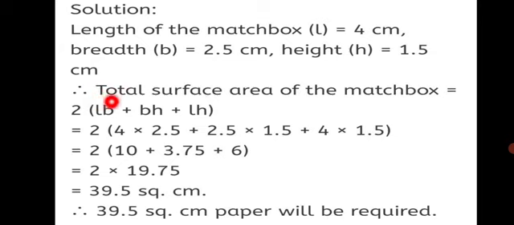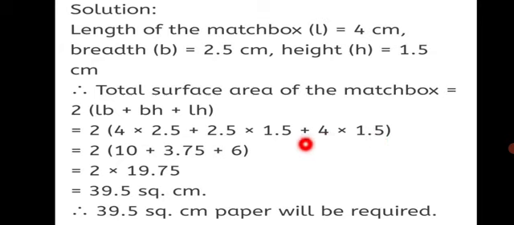Now our formula, total surface area of the matchbox is equal to the formula for cuboid, twice in bracket length into breadth plus breadth into height plus length into height, close the bracket, is equal to 2 times in bracket. Substitute the values as you have done earlier in question number 2. Length 4. So 4 into breadth is 2.5 plus 2.5 into 1.5 plus 4 into 1.5.